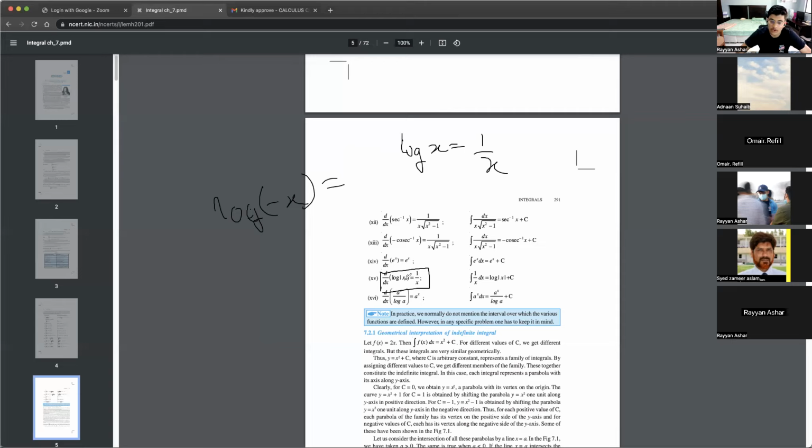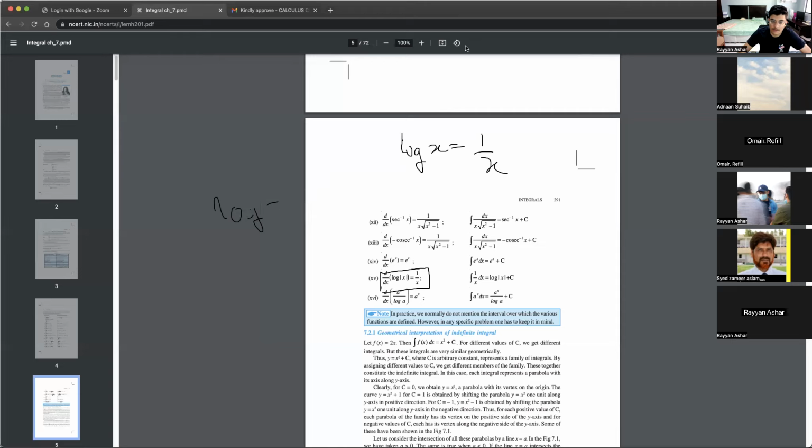Therefore, we always take the mod of x for log. Whenever we put log of anything, it has to be a positive value. Therefore, we take log of mod x. So in case we have a negative value, we take the log of it and put it in mod, so we get a positive value for which it will be defined.